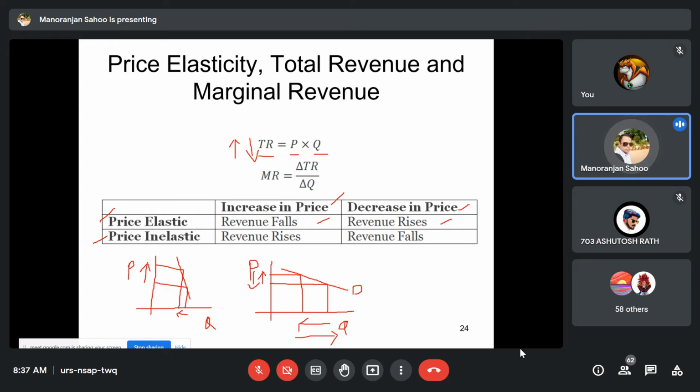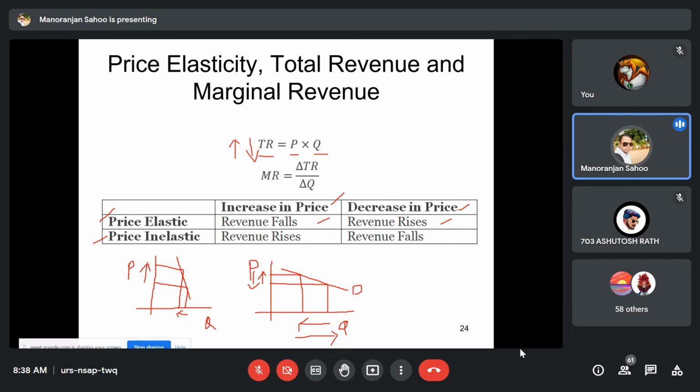An example is Reliance Jio. Reliance Jio is now becoming more branded, and we are getting more benefit out of it, because of which even if Reliance Jio increases the price by more, our quantity demanded is not being reduced.